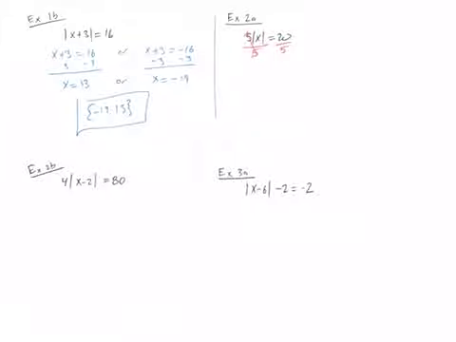So these 5's reduce to 1, and I just end up with the absolute value of x is equal to, and then 20 divided by 5 comes out to be 4. So now the absolute value is equal to 4, which means that I either have x is equal to 4, or I have x is equal to negative 4. Well, it doesn't require any solving, so I can just say the solution set is negative 4, 4.